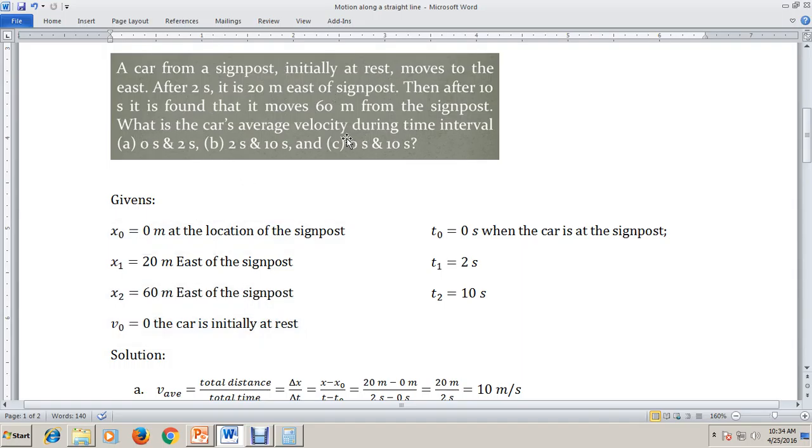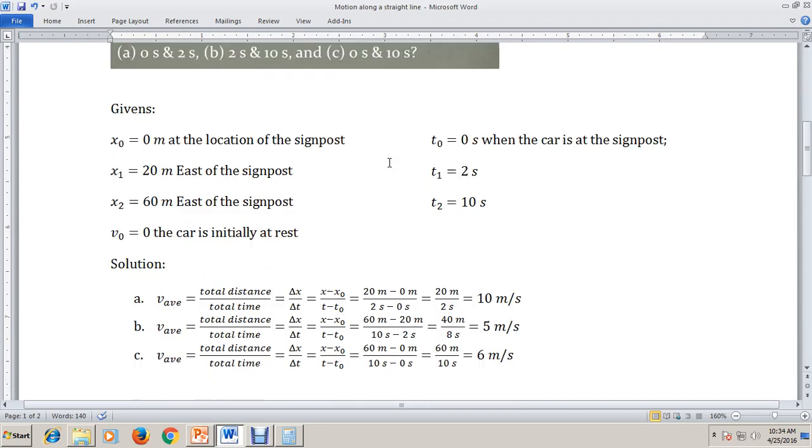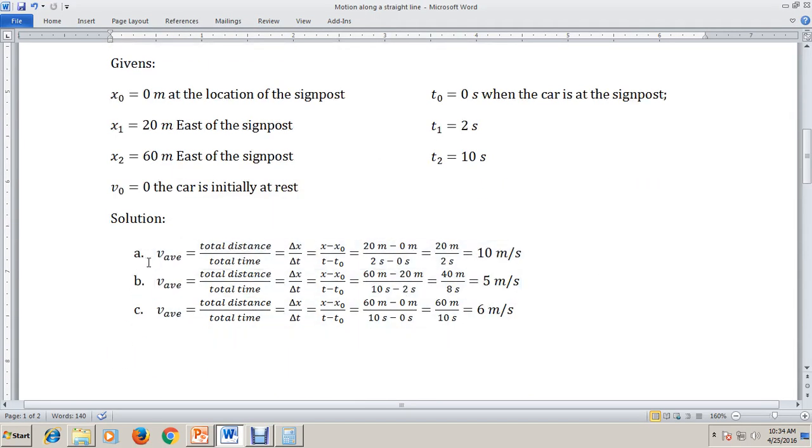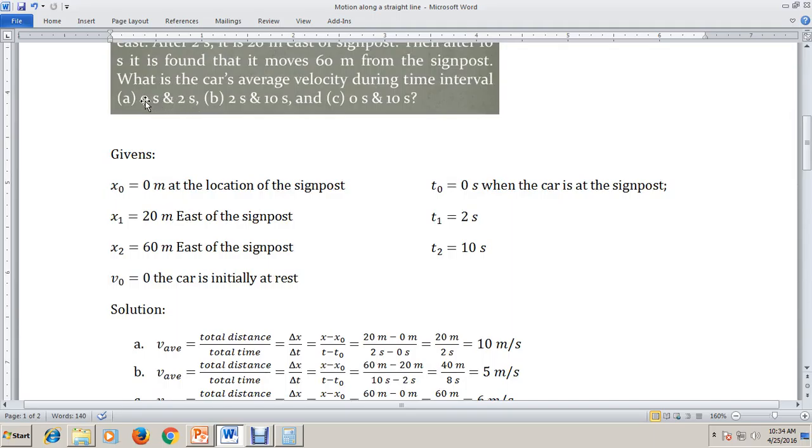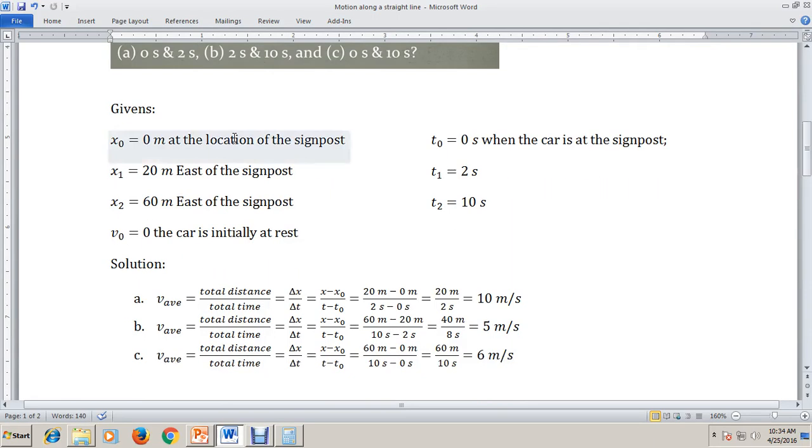Okay, so let's go through the solution. What is the car's average velocity at the given time intervals? For letter A, the average velocity between the times 0 seconds and 2 seconds.